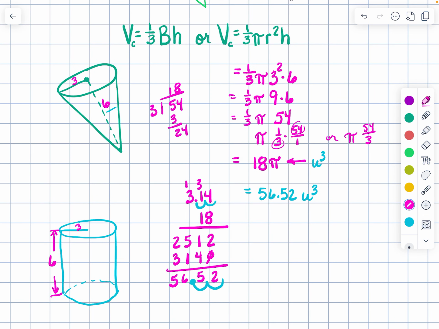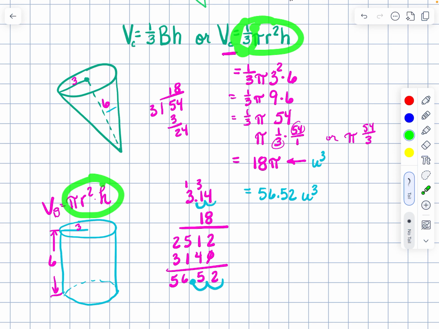Okay, so the equation for the volume of a cylinder. I realize that I use C for cone and C for cylinder here, so this is the volume of a cylinder. I'm going to draw a little cylinder. Okay, so this is going to be pi r squared h. All right, so do you see the difference between this and this?